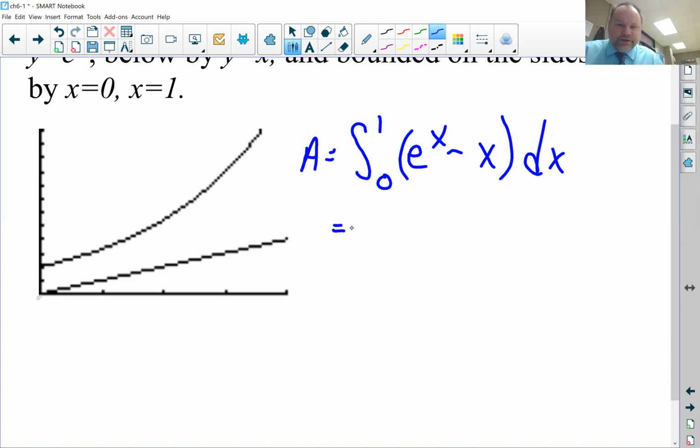What is the integral of e to the x? Integral of e to the x is e to the x minus the integral of x using the power rule, 1/2 x squared. And we're going to evaluate that from 0 to 1.